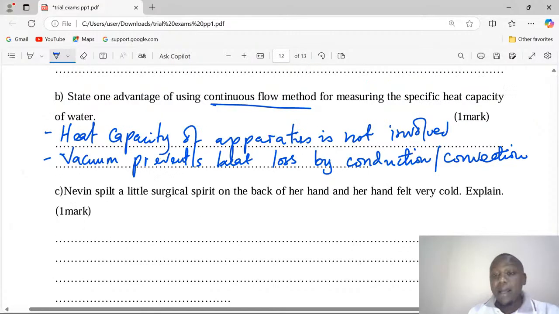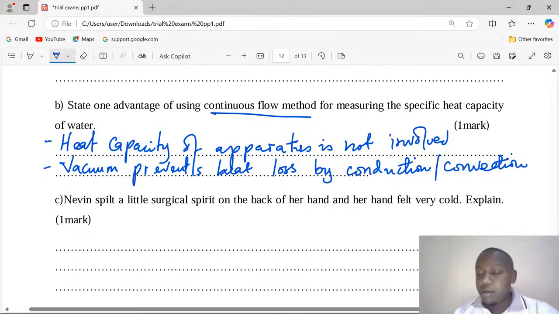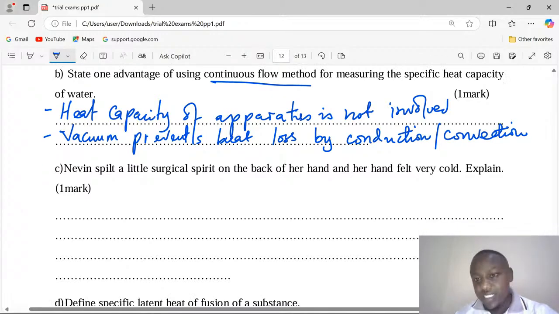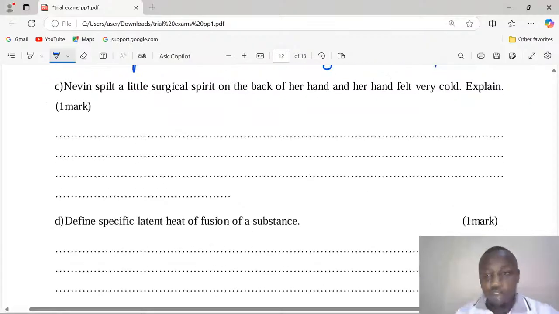Remember, when handling this topic, most of the assumptions that we make are about no heat loss to the surrounding. But now, that assumption is backed up by some measure to ensure that heat is not being lost. So the vacuum prevents conduction and also convection, ensuring that heat is just flowing from medium to medium.